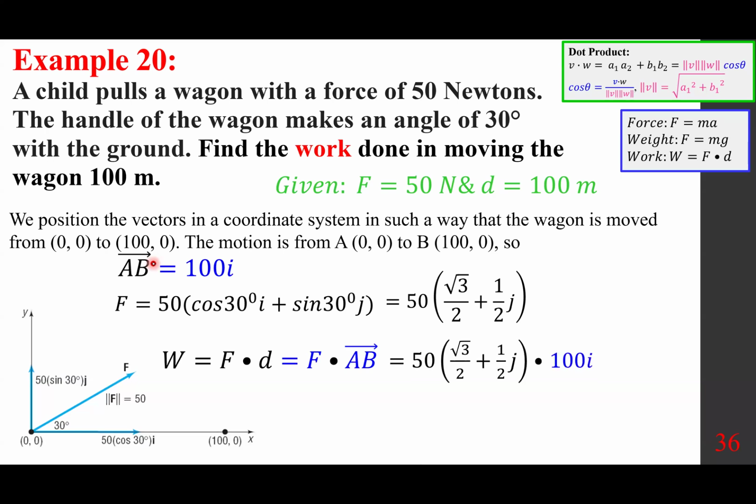When we want to multiply the two, how do we do that? We multiply 50 square root of 3 over 2 times 100 plus 1/2 times 0, because there is no j component there.